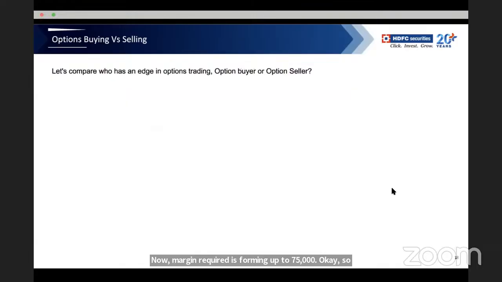Now, we have seen option buying and option selling, correct? In option buying we saw that your potential reward is unlimited, in option selling it is limited; in option selling the risk is unlimited, in buying the risk is limited, right? So whenever there are institutional traders or HNI traders, why do they prefer option selling if it does not have any edge over buying?